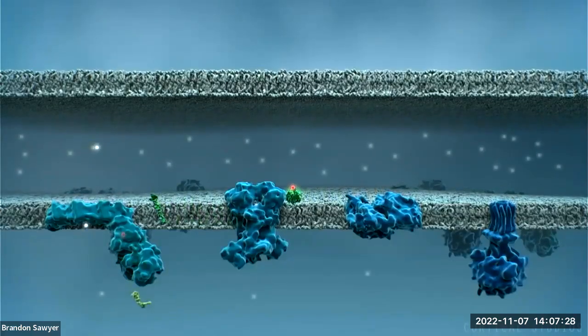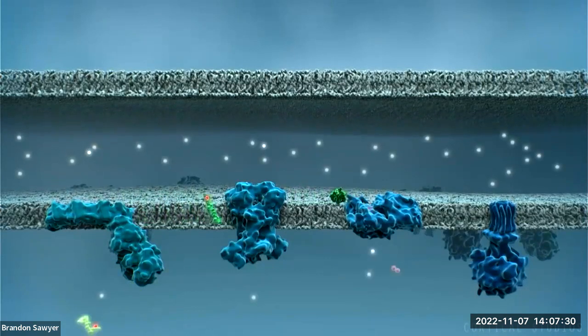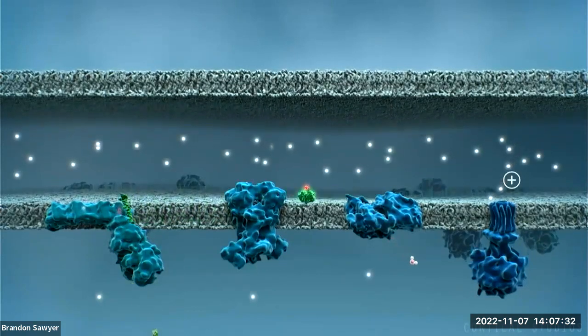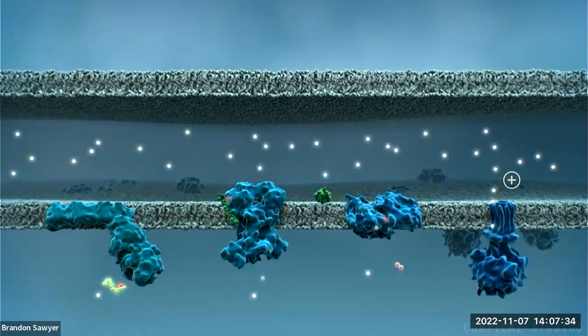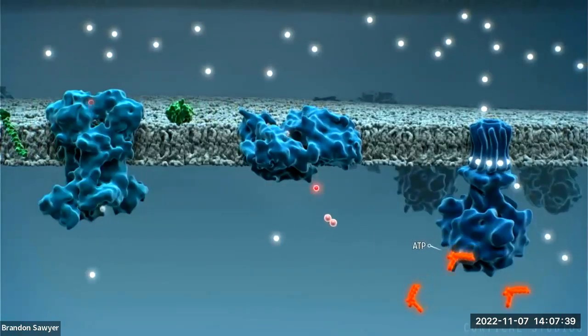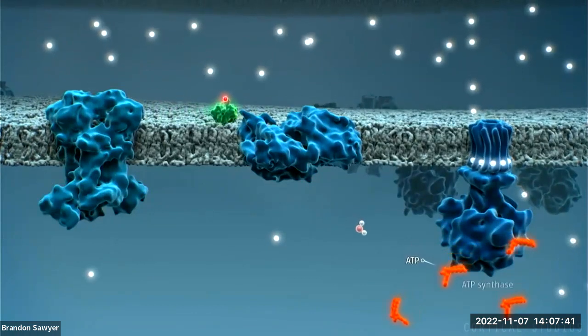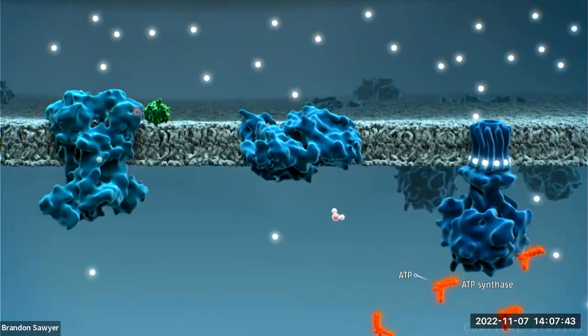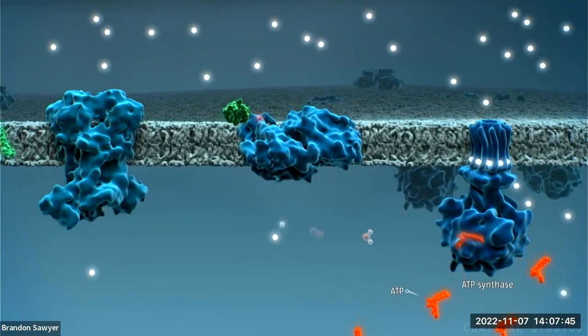This continuous pumping creates a proton gradient, where the positively charged protons are attracted to the more negative matrix. When the protons re-enter the matrix through the ATP synthase protein complex, they catalyze the production of ATP.